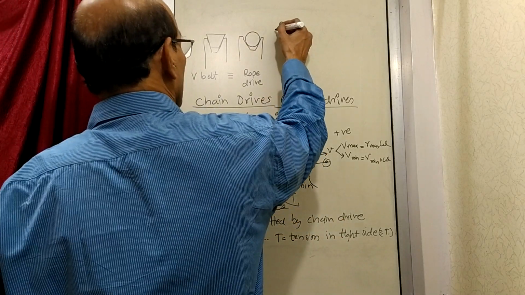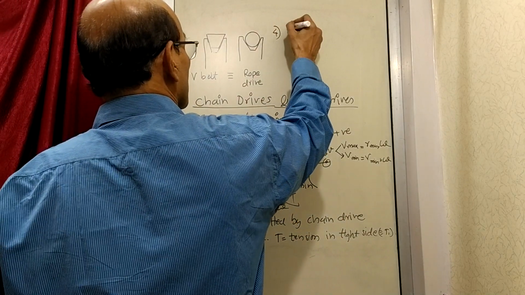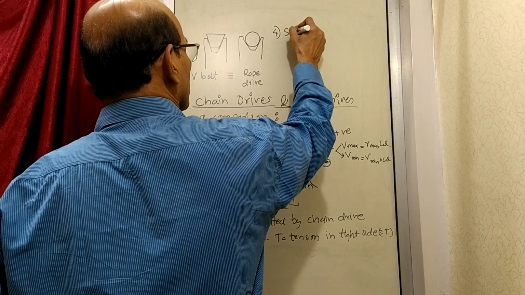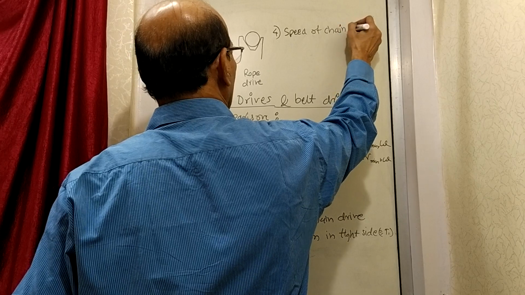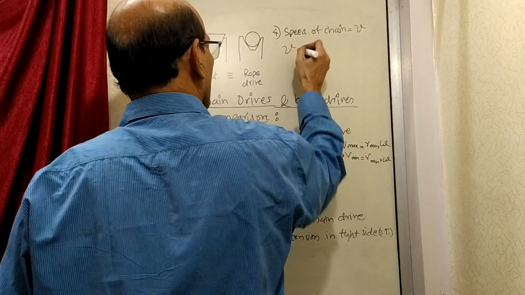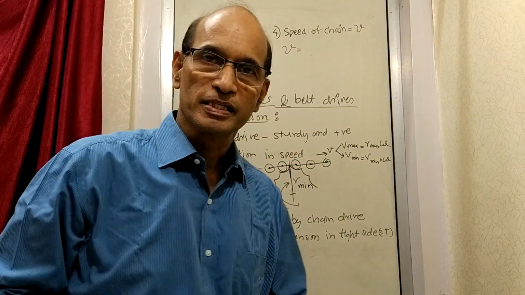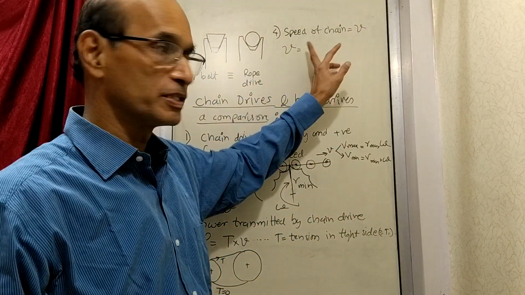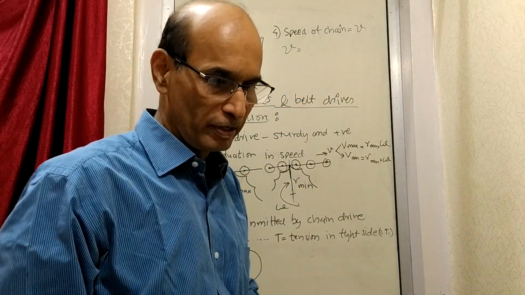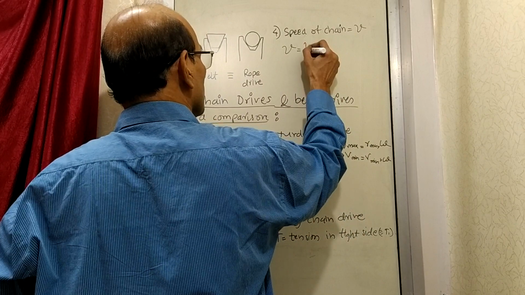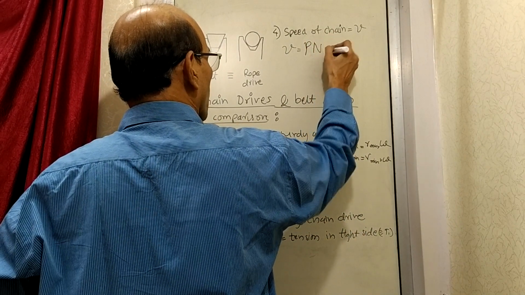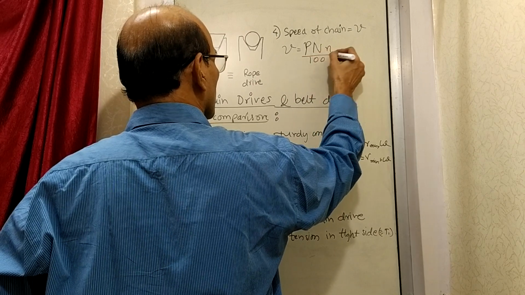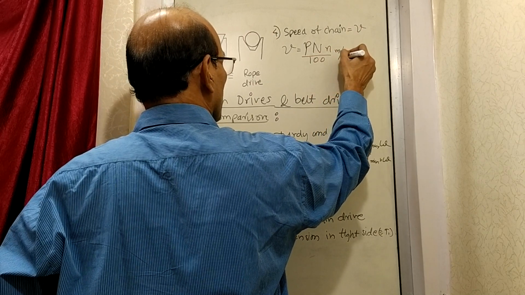I'll write the next point here: speed of chain. You can write down, speed of chain is given by V equal to p into N into n upon 100 meters per minute.